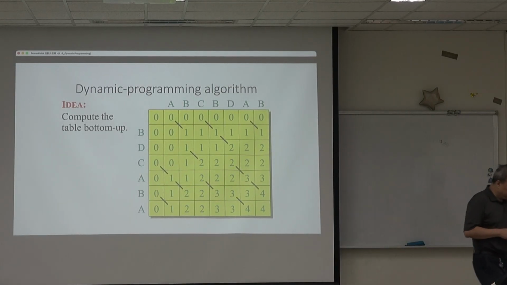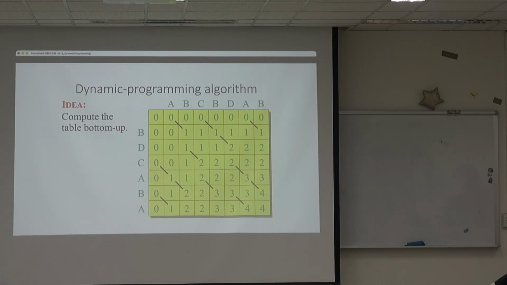But we're not done yet here. Once you have this table, how do we obtain the LCS?